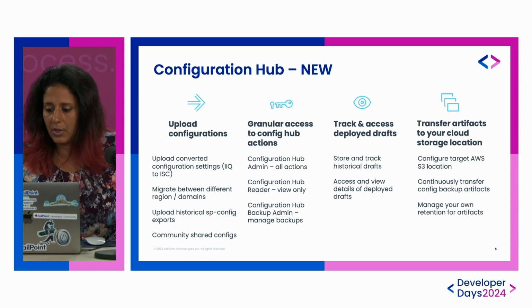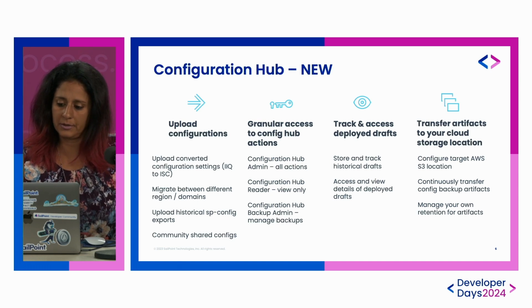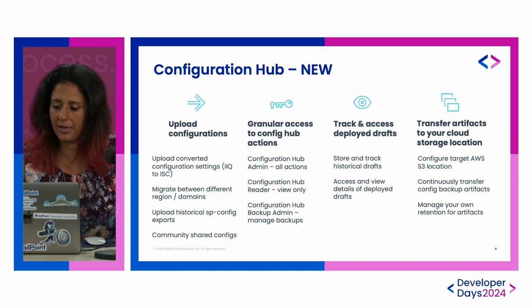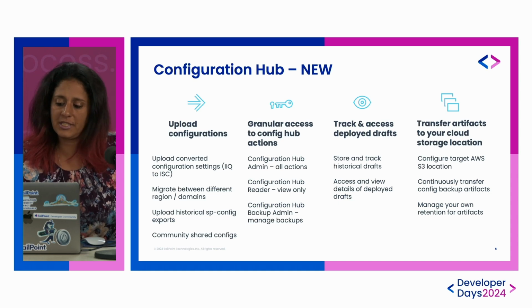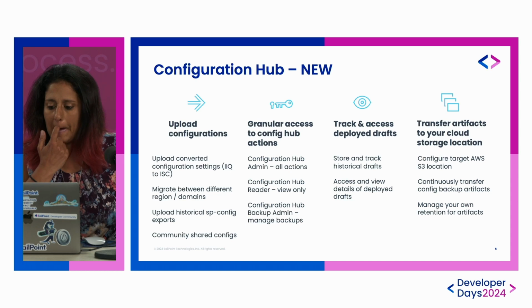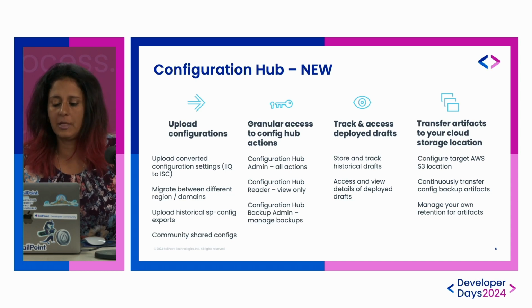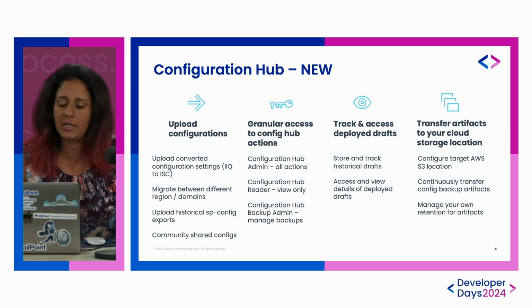The feature that we're working on now, which we're going to deliver later on, hopefully in the upcoming quarter, is transferring artifacts to a customer's own cloud location. We're going to start with the AWS S3 location.